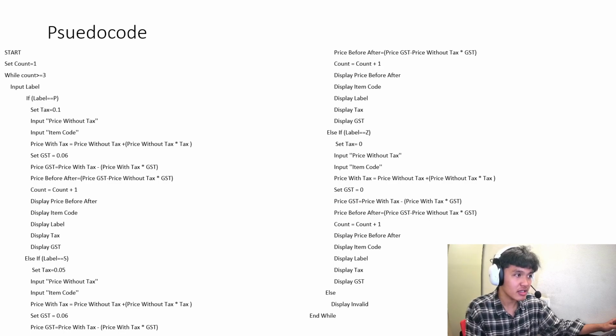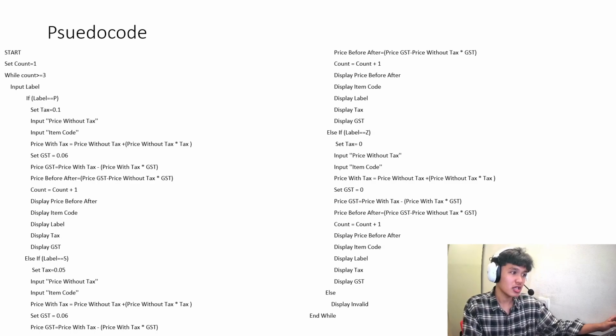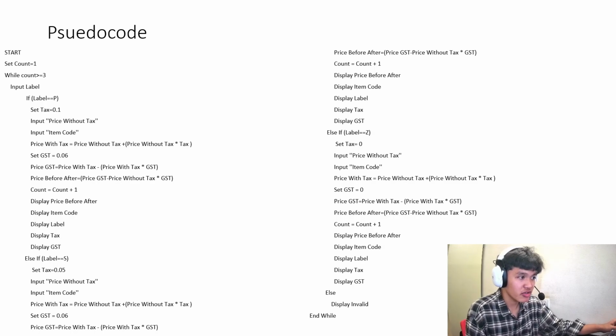price before after, and then display item code, and then display label, display tax, display GST. And else if label S, set tax equal 0.05 and input price without tax and item code.